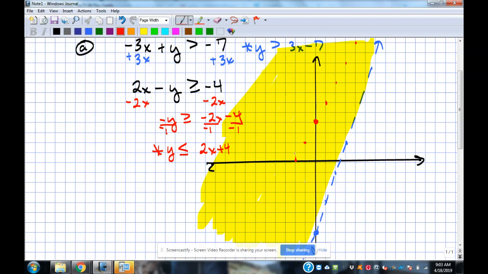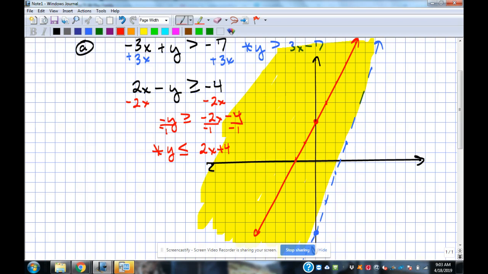It has the equal to mark. Shading, again, the way I like to do this is test points. Y is less than, so 0. I can use 0, 0 again because the red line doesn't go through it. So as long as the line doesn't go through it, you can use the origin, which is the easiest one to plug in.